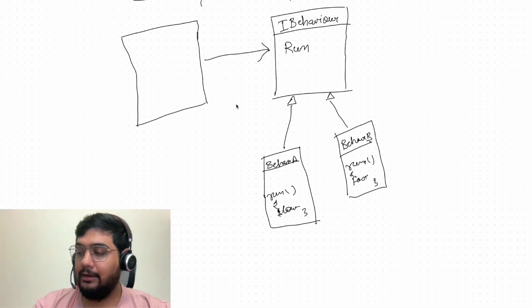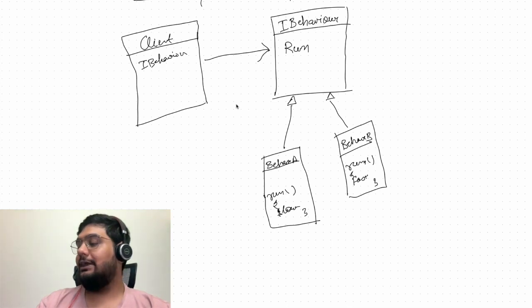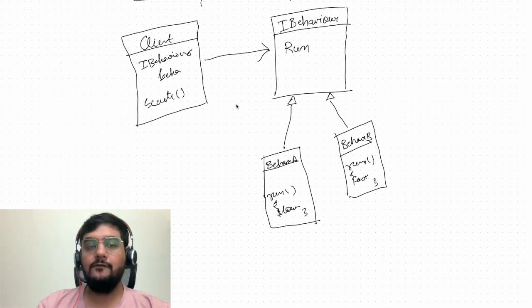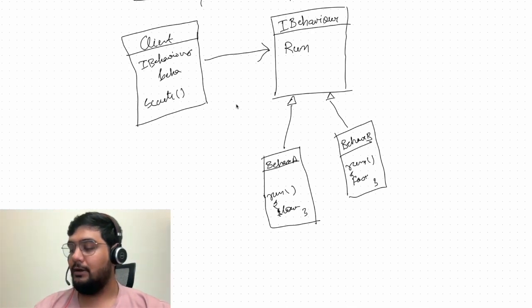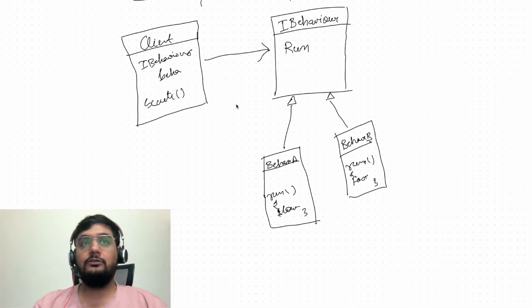Okay, and during the initial compile time I can initialize what this behavior can be in this execute function. So let's say I can write behave equal to BehaveA. That can be a very easy extensible solution, right? So this is our first design pattern.